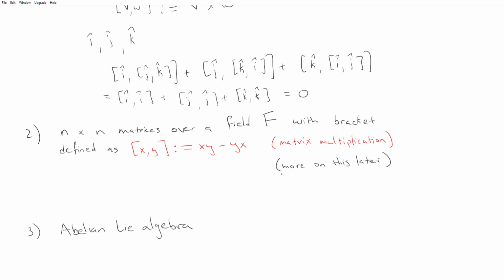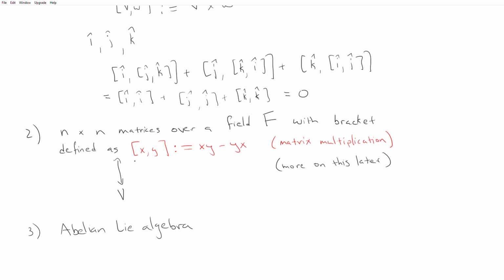We'll look at this later, but this is one of the most important Lie algebras, and it's one of the ones we'll study a lot. In fact, even the book says the study of Lie algebras kind of arises naturally out of the study of this set of matrices. In particular, there's always an identification with n by n matrices if you fix a basis of a vector space of dimension n.